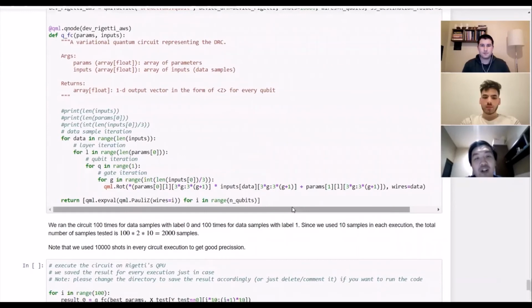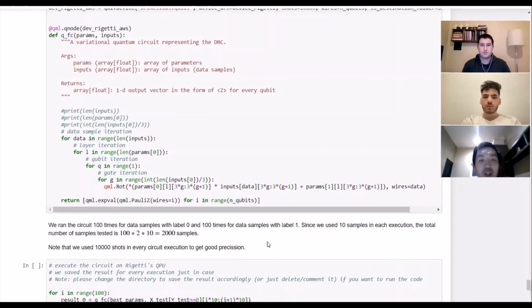And to make the costs more efficient, we execute the circuit for 10 qubits. So even though we actually only need 1 qubit for every sample, we use 10 qubits. So for every pass, we can get the results for 10 samples. This way, we can save the cost of our QPU device a lot.